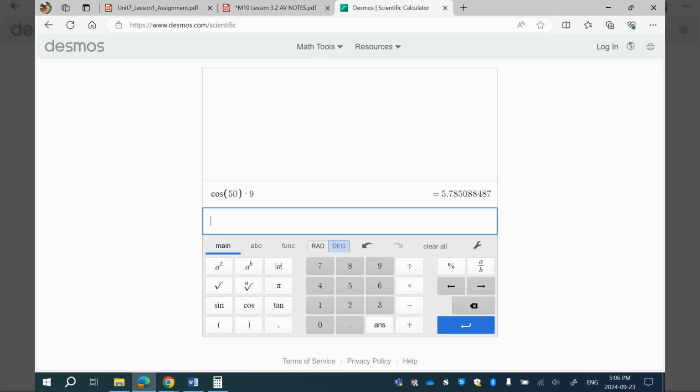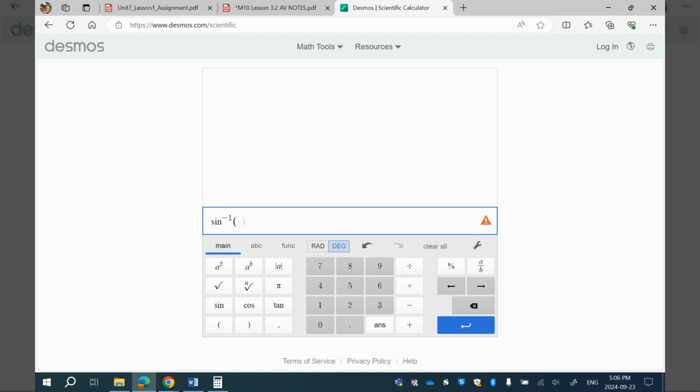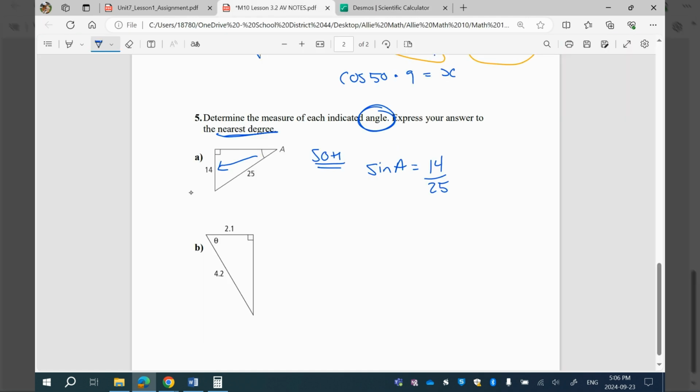So we can use the inverse operation. Sine inverse of 14 divided by 25 gives 34 degrees. So angle A equals 34 degrees.